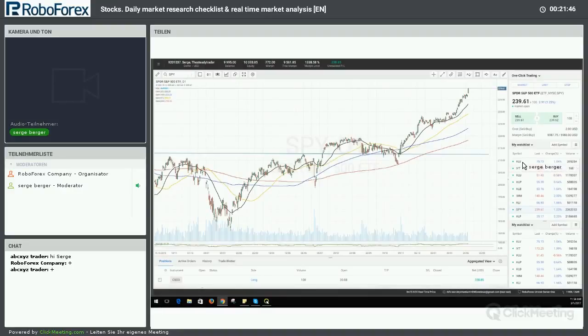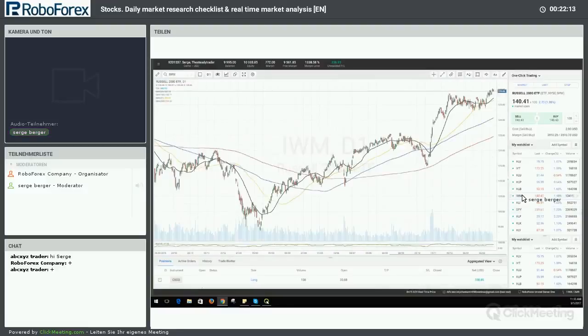So if we go through our sector ETFs that I've posted here the last webinar, just have a quick look, and you can see that right now the Russell 2000 today is looking very good. It is in fact up almost 2%, outperforming the S&P 500, which is up 1.23%.